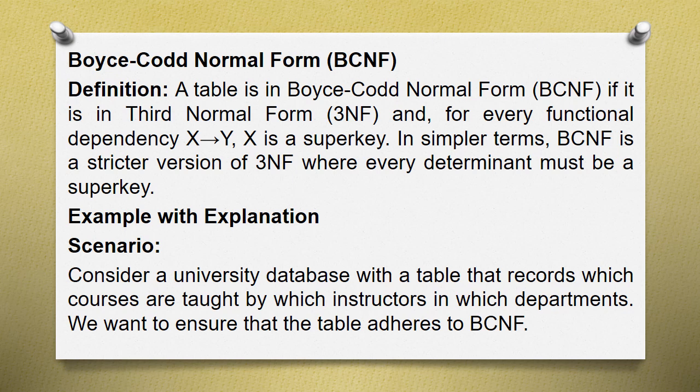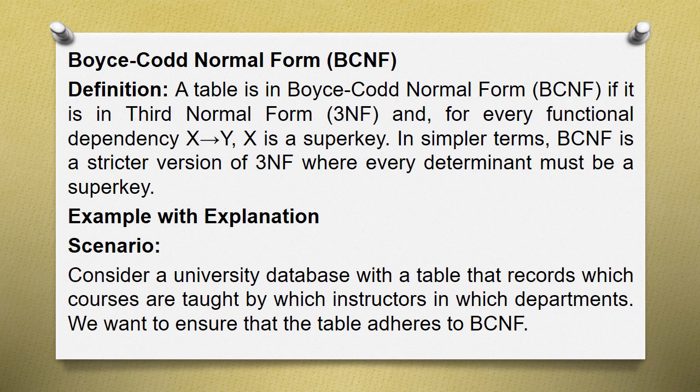The left side of the equation is known as the determinant, and the right side of the equation is known as the dependent. The left side of the equation, which is the determinant, should always be a super key, right?